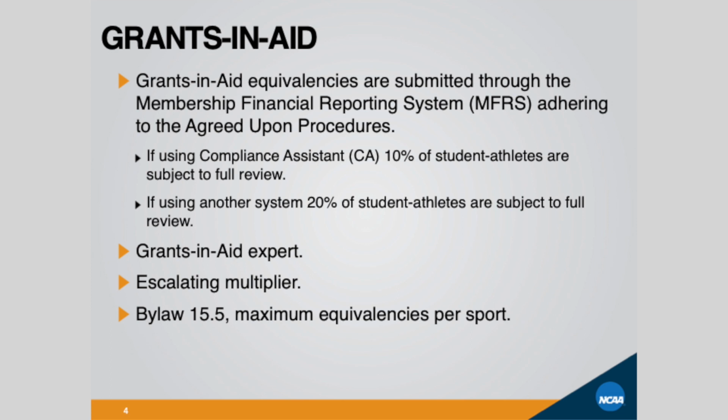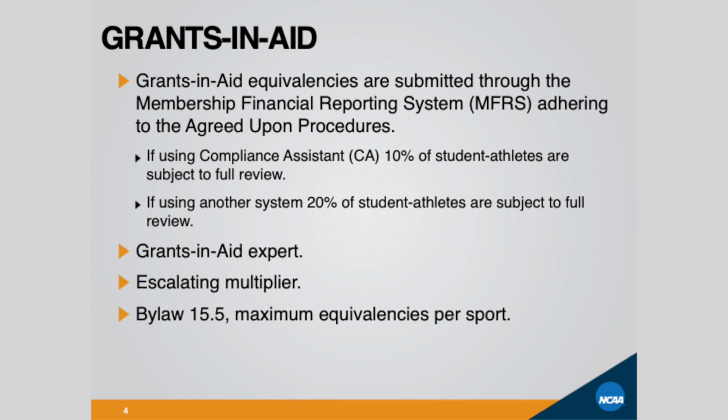If you are using another system, the auditor is required to fully review 20% of the student-athletes' financial aid information. This required review is conducted to ensure the Grants and Aid or athletic equivalencies have been calculated correctly.